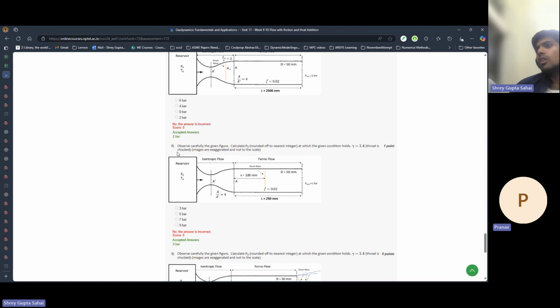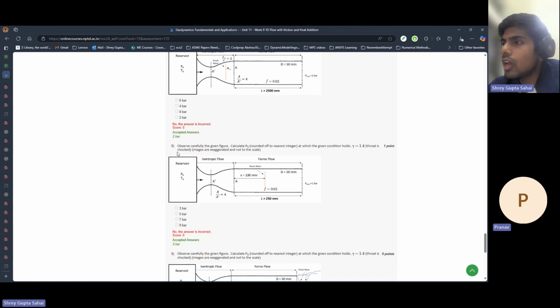Do you have your numbers with you for that, or do you want me to try to solve this problem? Just give me a moment. I have it written. I got the Mach numbers at the different sections.